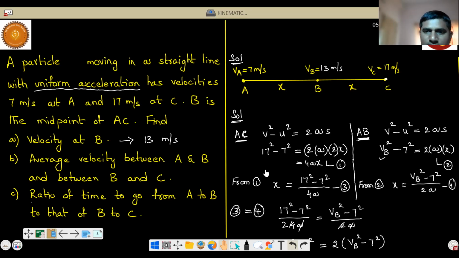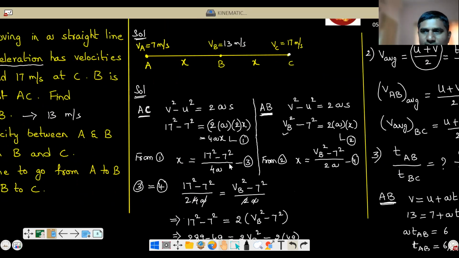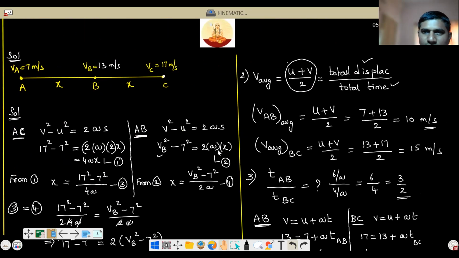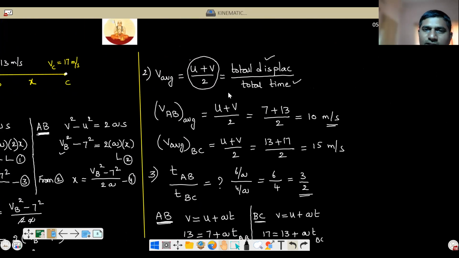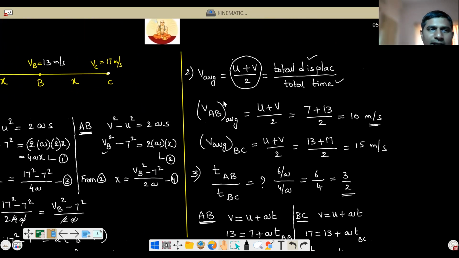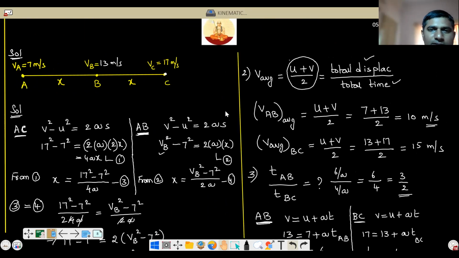See the answers here. The average velocity between A and B and between B and C. What is the average velocity between A and B? See here, average velocity can be calculated by two formulas: (U plus V) by 2, or total displacement by total time. But I know the initial and final velocities at A and B. At A it is 7 meters per second, at B it is 13 meters per second.